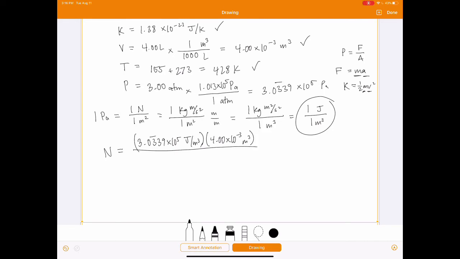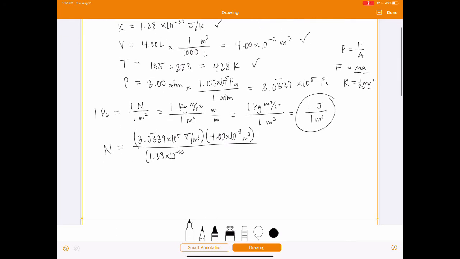Divide that by Boltzmann's constant, 1.38 times 10 to the minus 23 joules per Kelvin, and then multiply that by the temperature, 428 Kelvin. Now notice that joules cancel, meters cubed cancel, and Kelvin also cancels. So we're left with no units, which is exactly what we want because we're just counting a number of things.